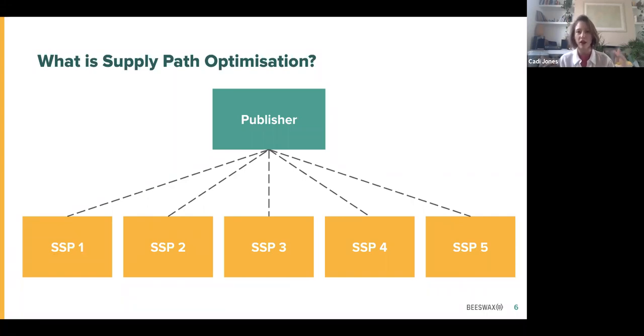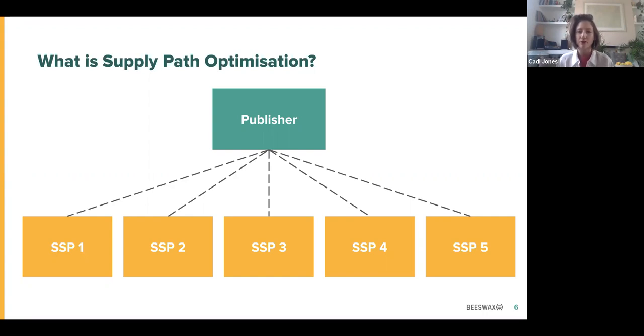Instead of having that waterfall set up and having to choose their preferred partner at each tier, we ended up with the scenario we're in at the moment, where each publisher can work with 4, 5, 6, maybe 10, maybe even more supply side platforms. They put their SSP codes directly into a wrapper container on the publisher's website. This really gained mass adoption through the end of 2016, early 2017.